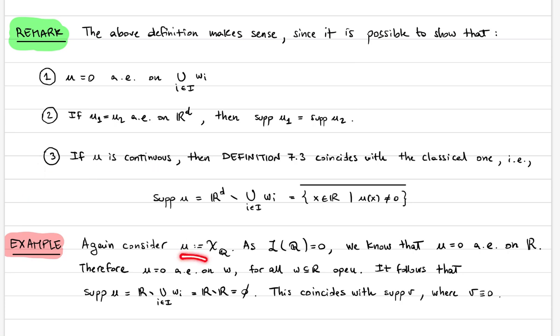So we cannot expect the support of this function to coincide with the classical support. However, this function V, the constant, is continuous, and we saw before that the classical support of this is the empty set, and you can also check that with this new definition the support will be the empty set, so the two definitions coincide for V, which is continuous.